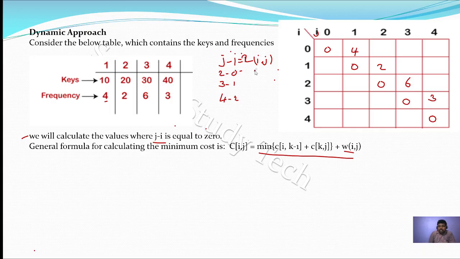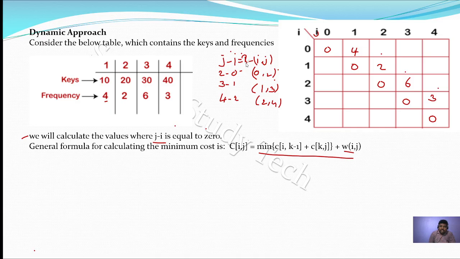So here it is 0 comma 2 and 1 comma 3 and 2 comma 4. 0 comma 2 we have to find out this. Here also 1 comma 3, here also 2 comma 4, you can fill with that.